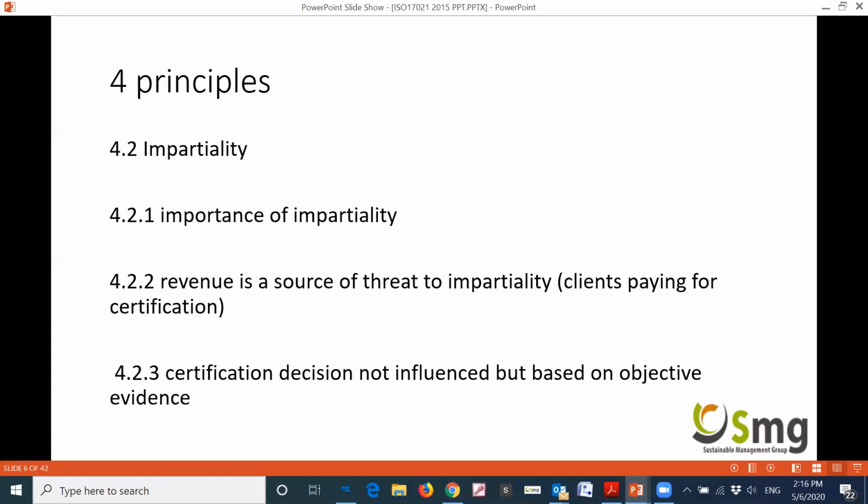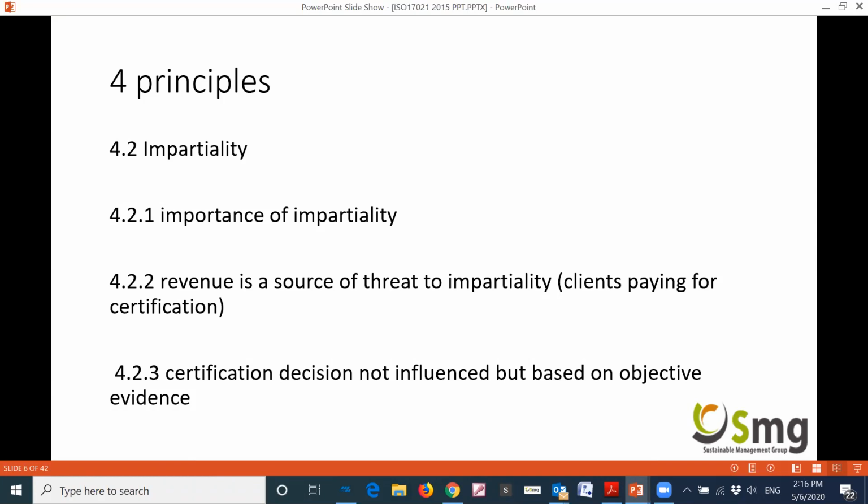This is a very important and borderline issue, because how do we balance between being impartial and being a certification body, or a business or a supplier that would like to make the client happy and satisfy them? So what is the satisfaction of the client? Is it to get the certificate anyhow, or is their satisfaction when they see real work?